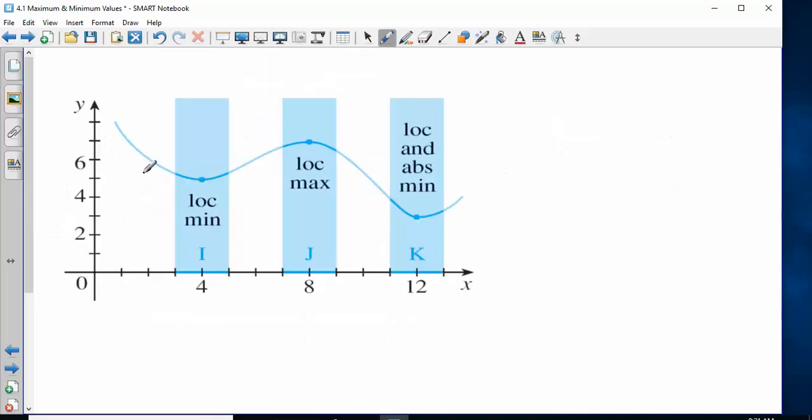I have another graph on that slide. You can see this one has a local min here and here, and a local max here. This can't qualify as a local max because there are not points on both sides.